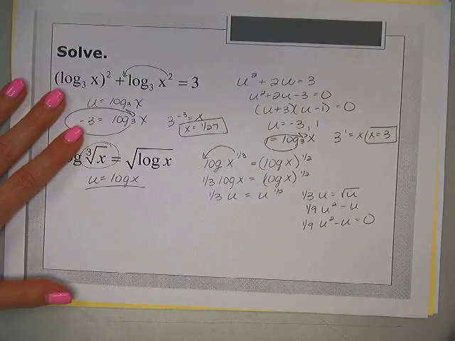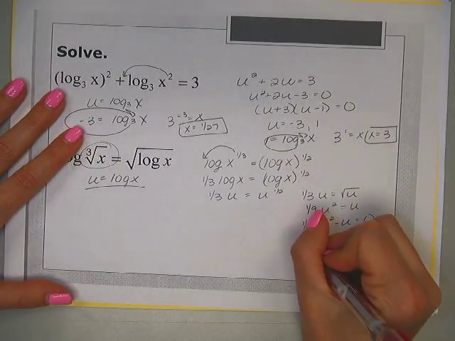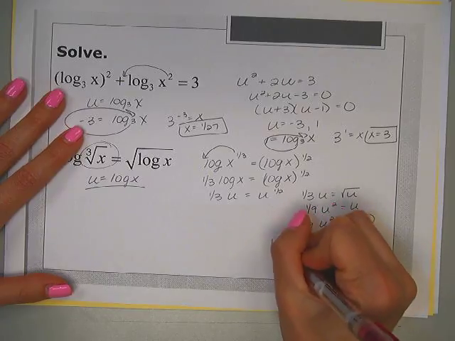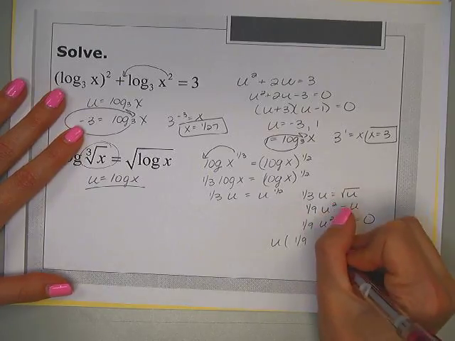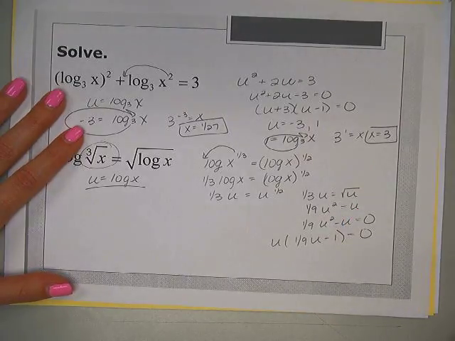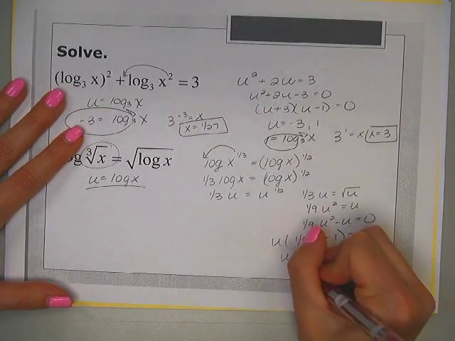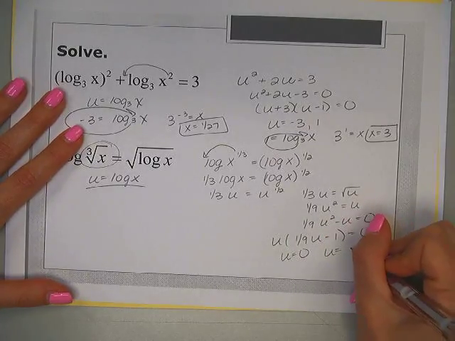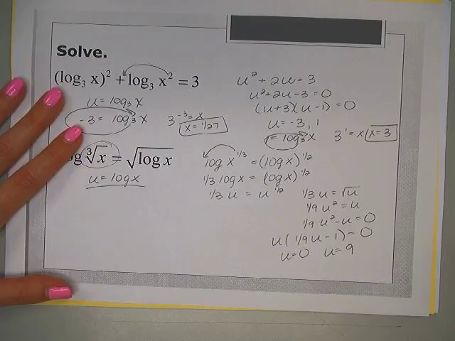If u equals log x, I've got 1/3 u equals u to the 1/2. Now, I changed the square root to a 1/2, but in retrospect, I don't think it makes it look any better. Let's change this back to a square root. 1/3 u equals square root of u.